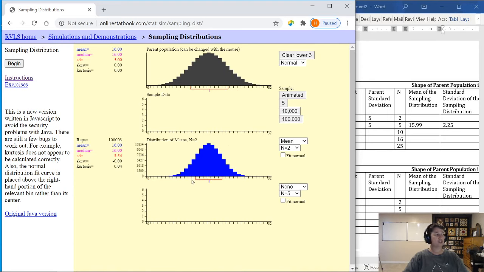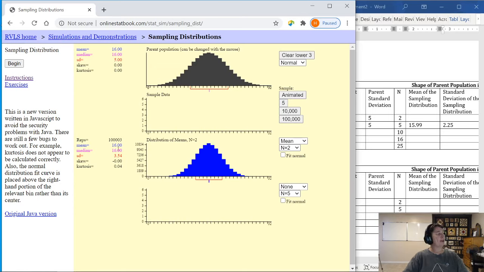Ooh, there's a whole new distribution of those sample means. I've created a sampling distribution of sample means. But my sample this time was just sample size 2. Notice it still has that normal shape to it.